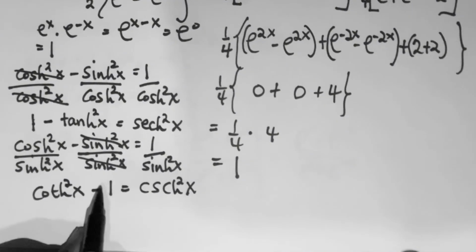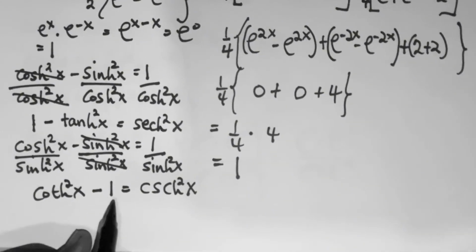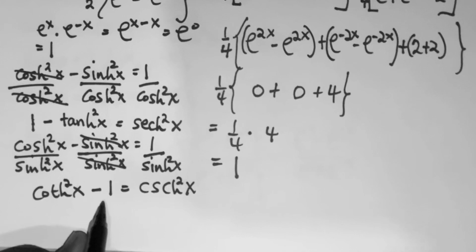So now you can see that we are able to prove 3 very important hyperbolic identities.